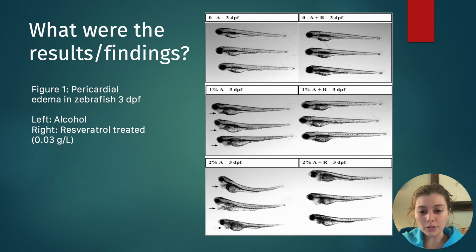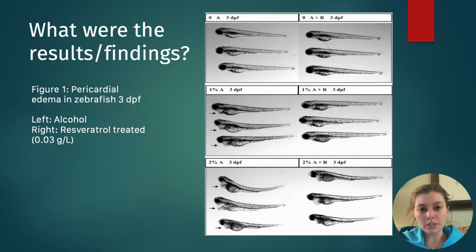So, what is pericardial edema? For this article, it was defined as the excessive accumulation of fluid around the chambers of the heart, and it can be visually seen by a large, transparent bubble around the heart. And how is it observed? It was observed via digital photos from an inverted microscope. And what was concluded?